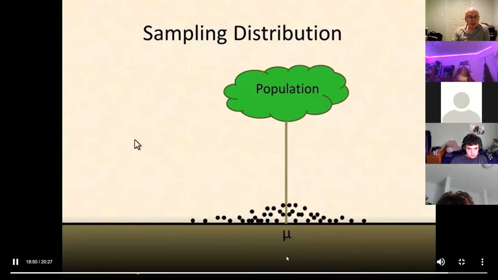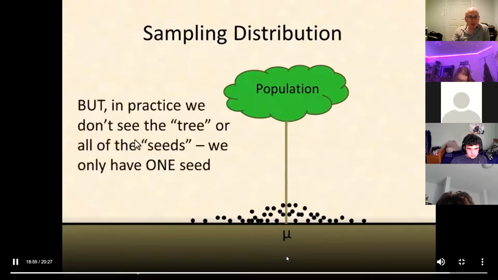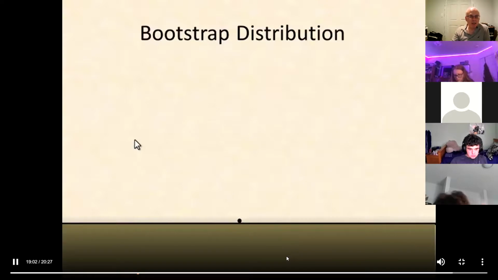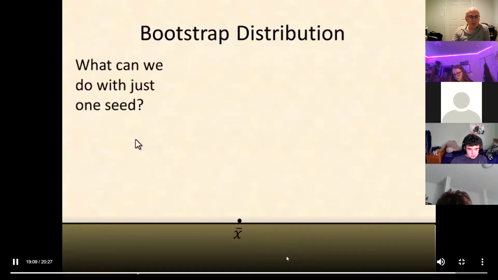So this is great. We want students to have this image in their head, but in practice, we don't see the tree. We don't know the entire population. We don't see all the seeds. We only have one seed. So there's our one seed. If we're estimating a mean here, that's our sample mean. What can we do with just one seed? And maybe you all repeat in tune with me.